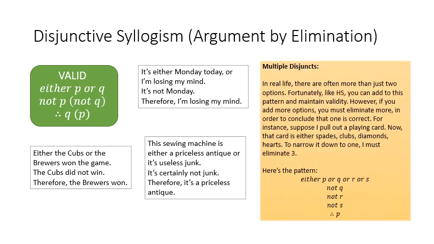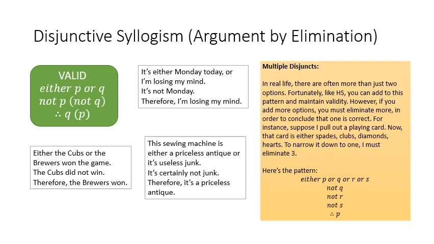All right, well, I just wanted to say one more thing. This is another argument where you can make it a little bit more complicated, and you can add to this pattern and maintain validity. But the trick here is that if you're going to do an argument by elimination and you have more than two options, then you need to eliminate all but one in order for this to work.